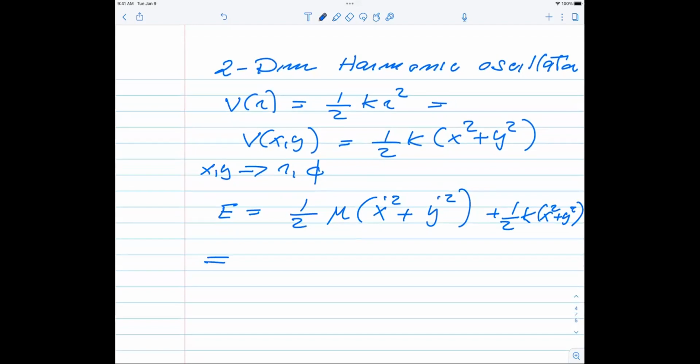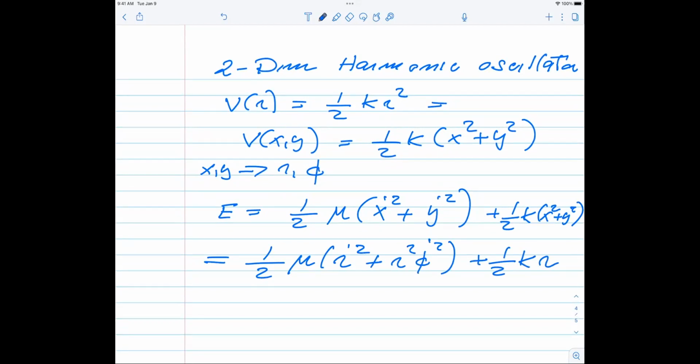And when I rewrite this in polar coordinates, it's going to be 1/2 times mu times the radial velocity squared, plus this term r squared times the angular velocity squared, plus 1/2 times k times r squared. So this is the energy of the system.